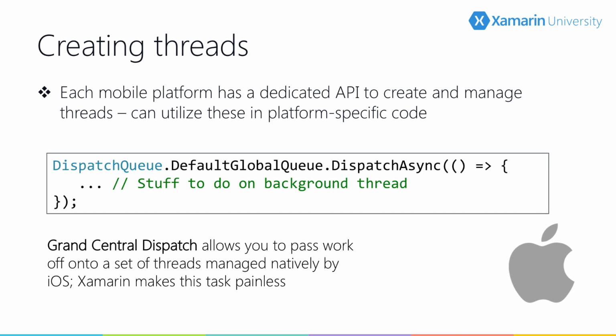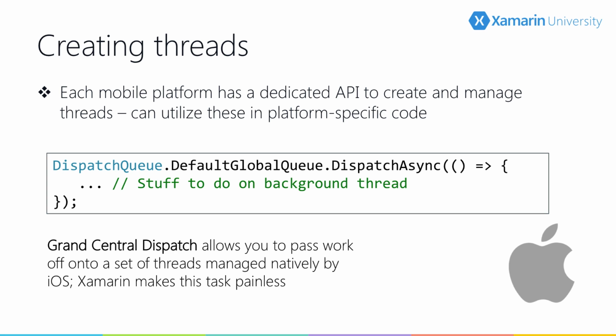So if we, for example, look at iOS, we find that in order to run something asynchronously, to run something on a secondary thread, we use GCD, Grand Central Dispatch. And we can call into these APIs directly from our Xamarin iOS application.